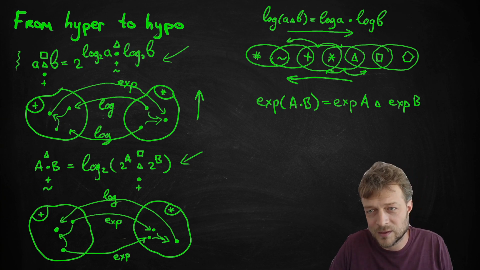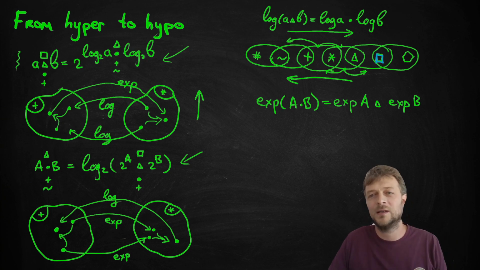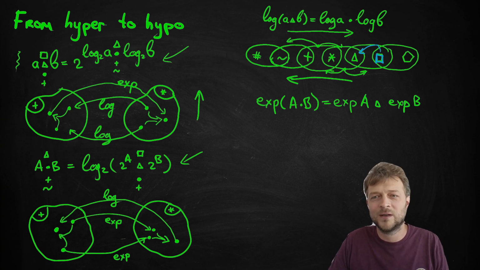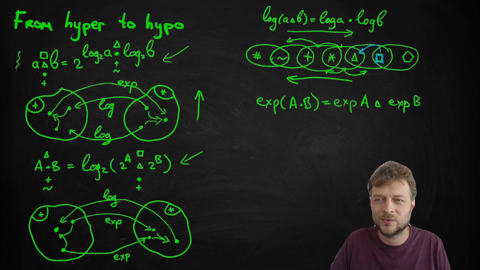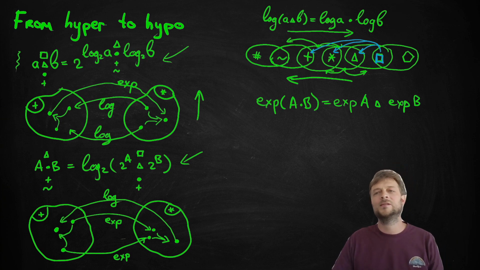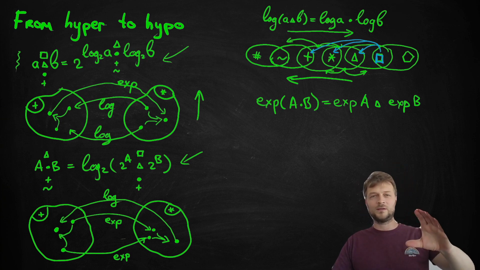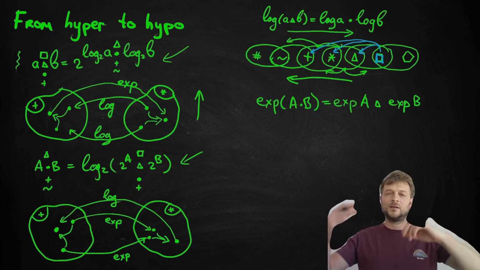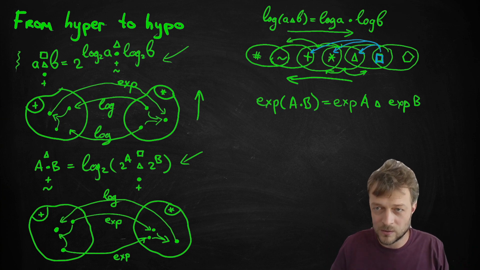It means that, for example, let's say this one, the square operation, can be defined in terms of triangle, but triangle is defined in terms of multiplication, so square can be defined in terms of multiplication and in terms of plus, etc., etc. So this recursive definition builds some sort of tower in a formula, and I just want to show this tower for both upward move and downward move.